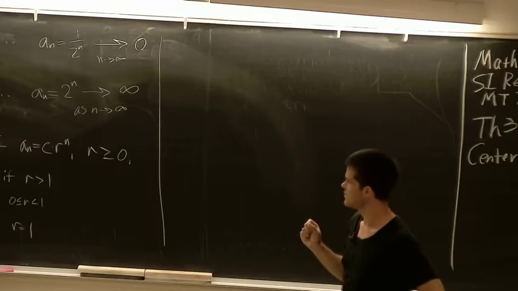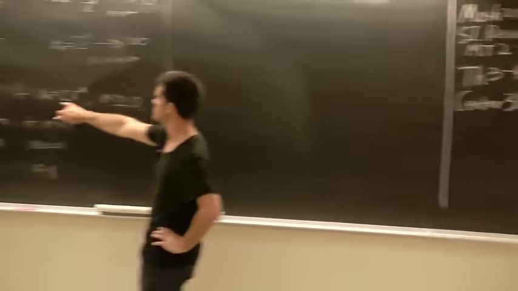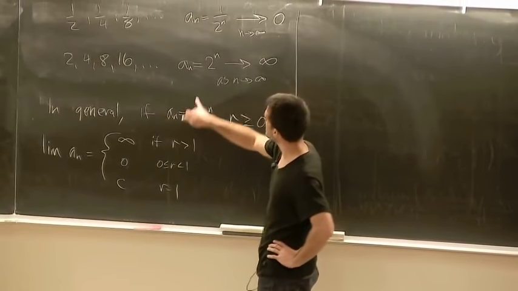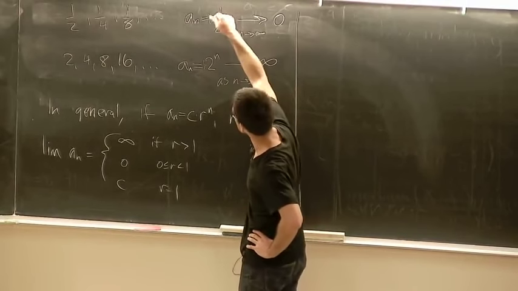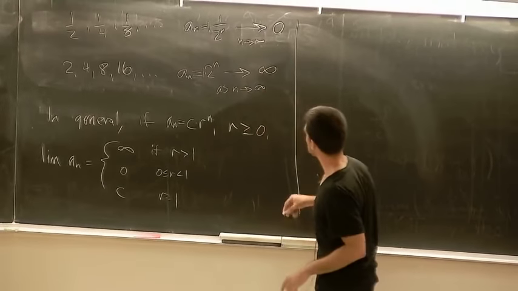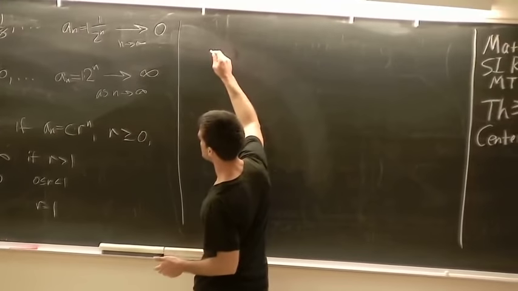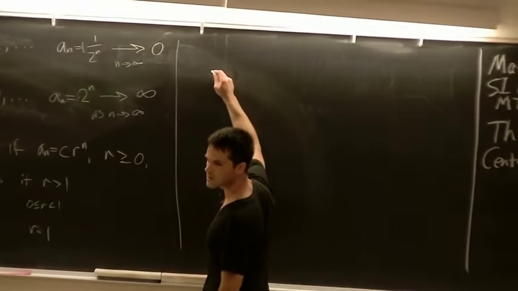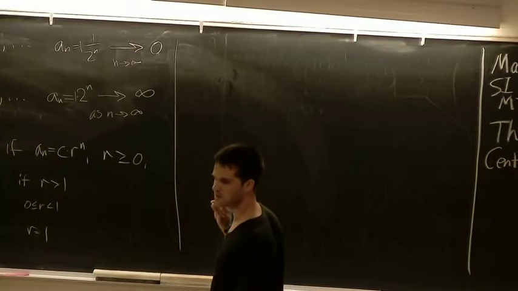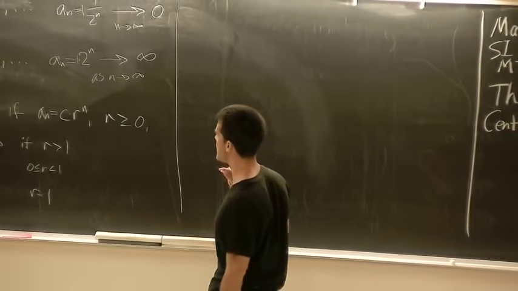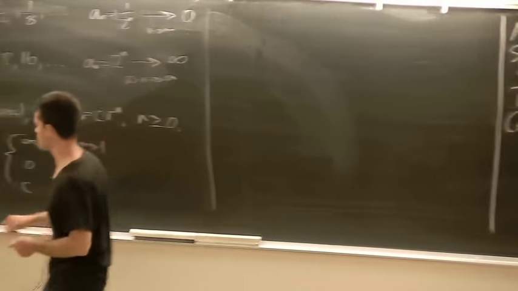Yeah? What is c in this? It's some number, some constant. In both of these examples, c was 1, so you kind of didn't see it. But in general, does c stay the same as you move through the sequence? Here's another example.